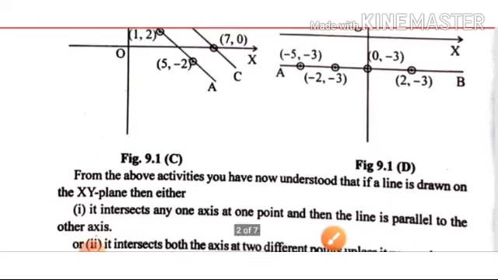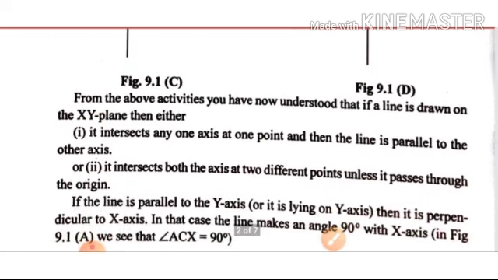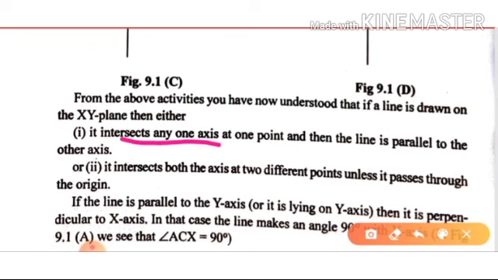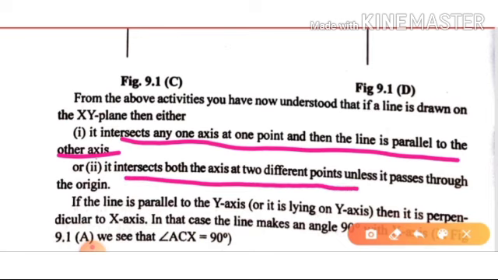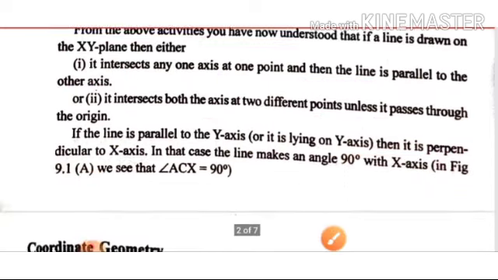Now as I told you, a straight line either will be parallel to one of the axes, or it will intersect both the axes at different points, unless it passes through the origin. If it passes through the origin, then of course it will not intersect the axes at separate points.